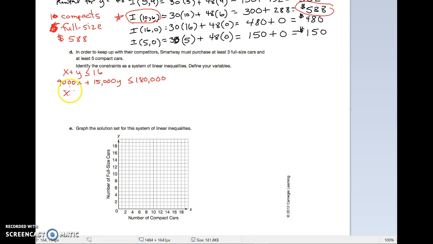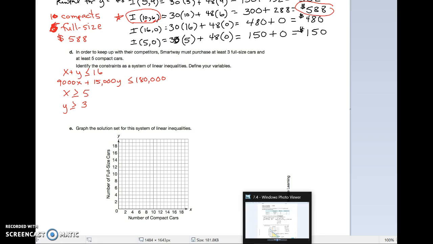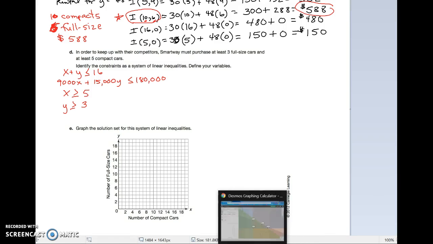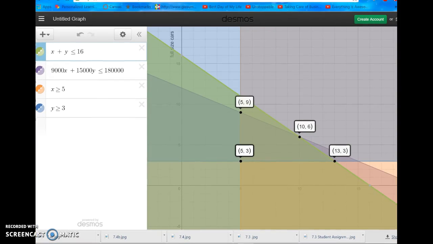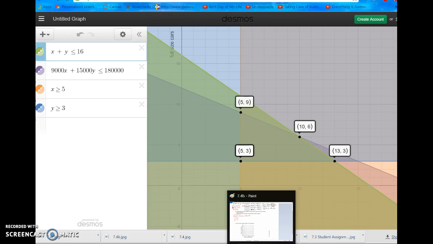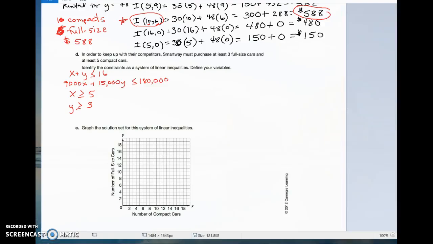We said x has to be greater than or equal to 5, and our new one was y has to be greater than or equal to 3. Okay? So now that we have that, and we have our new graph, let's go ahead and graph that on our graph using what we know from our Desmos graph. We'll copy that onto our new graph. So you go ahead and pause and do that, and I'll do it as well.